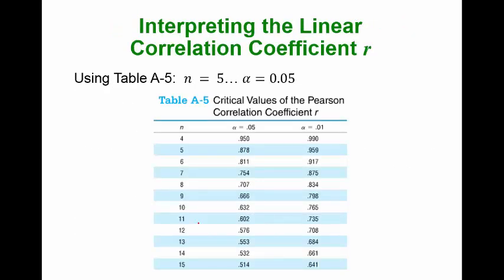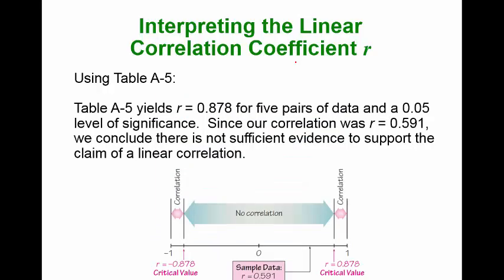In table A5, we remember that we have 5 pairs of data, and let's assume that we're going to use our alpha of 0.05. Then we see that our critical value is 0.878.